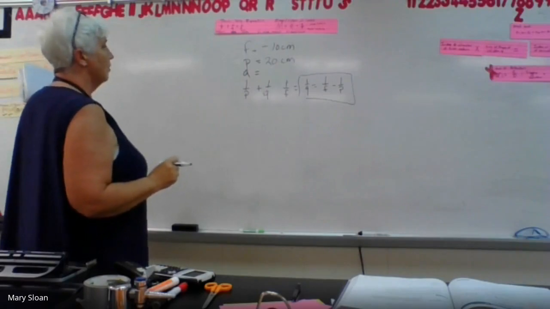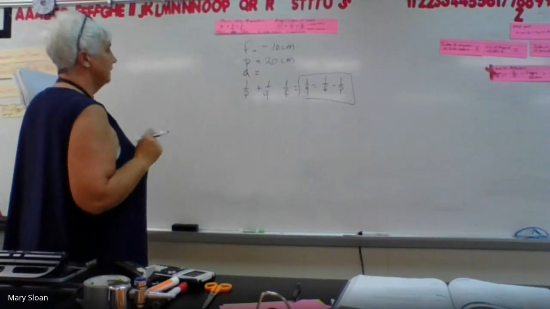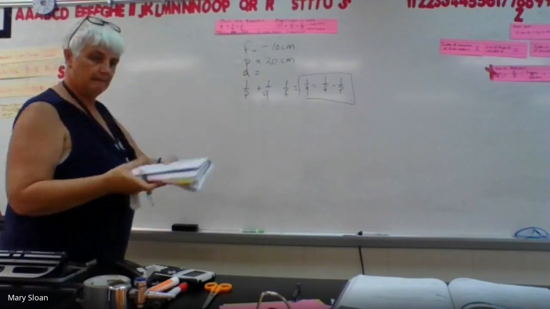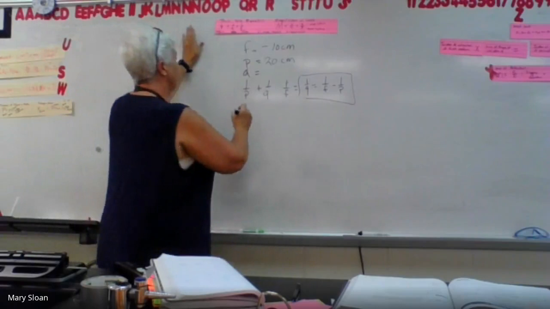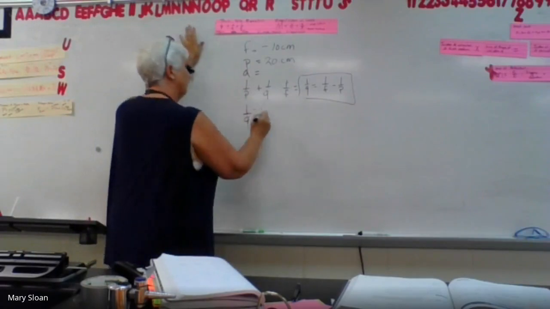Okay? So, Jordan, you think you got this? I believe so. Tell me what we're doing. Well, I like to do 1 over P plus 1 over Q. That's how I did the last one, actually.